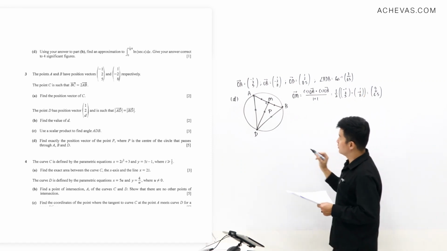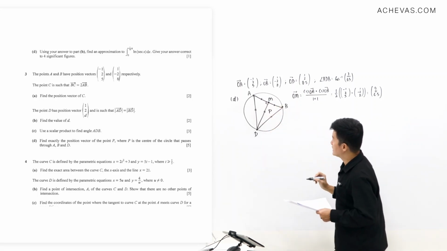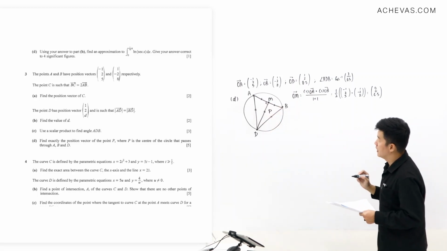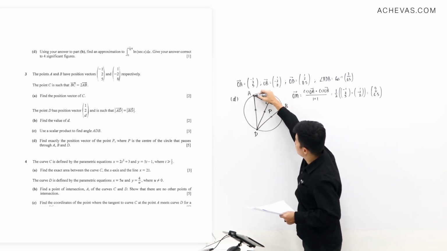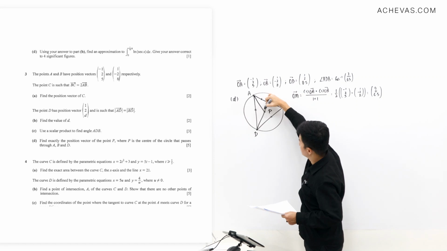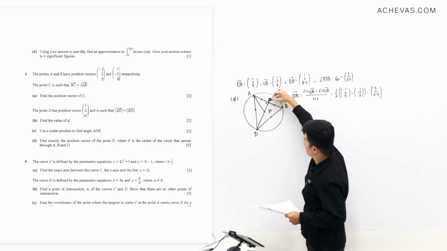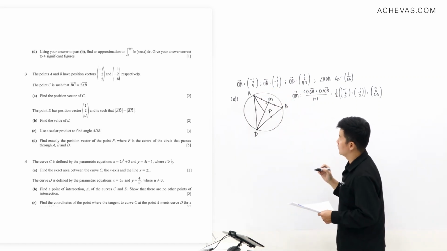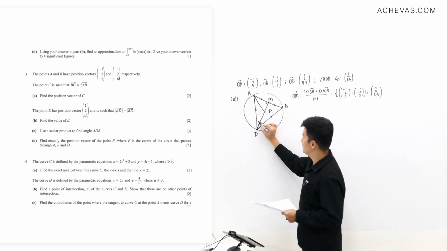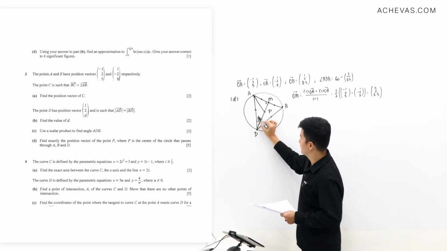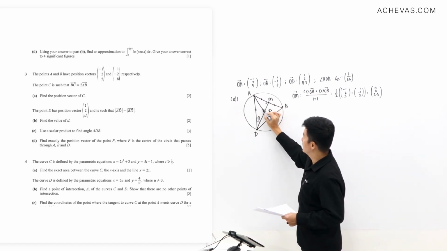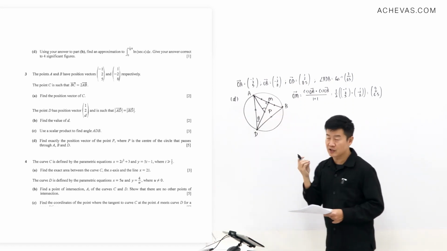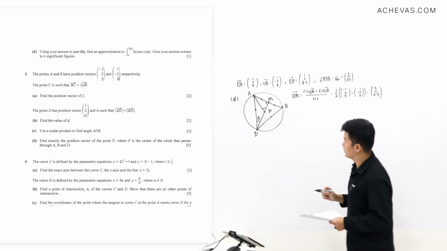Okay, so I'm going to try to make use of this angle ADB. And I also will want to make use of two right-angled triangles. This right-angled triangle and this right-angled triangle. Okay, I am going to name this angle here theta. And I will also want to see whether I can find a good relationship between this angle and this angle.